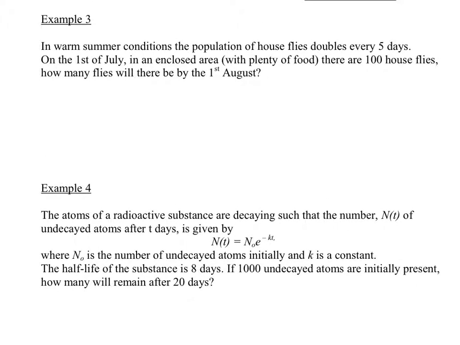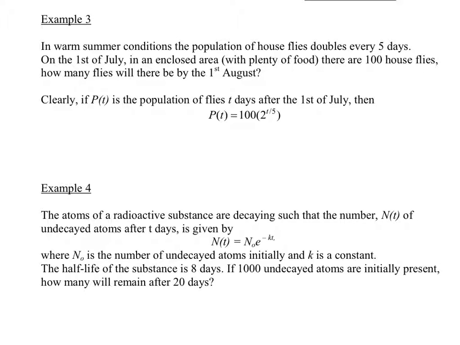Example 3 says that the population of houseflies doubles every 5 days. What that means is you're going to have this kind of equation: the population of flies is equal to the initial amount of flies, 100, times 2 to the power of t divided by 5, because it doubles every 5 days.